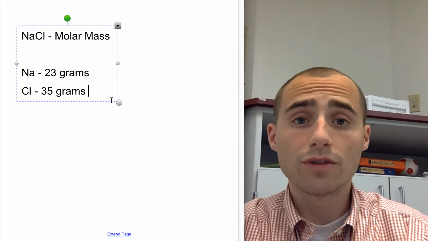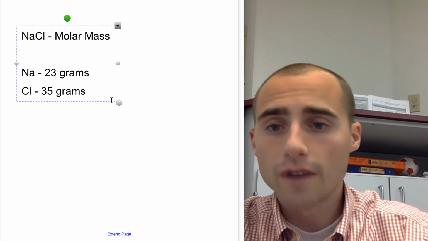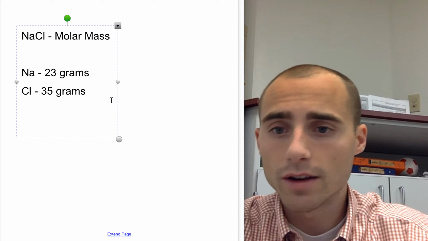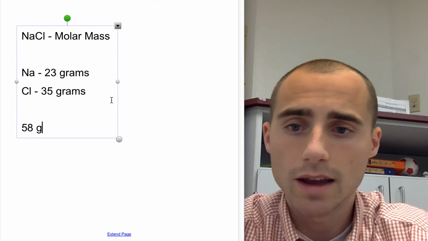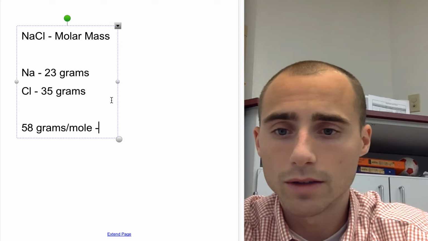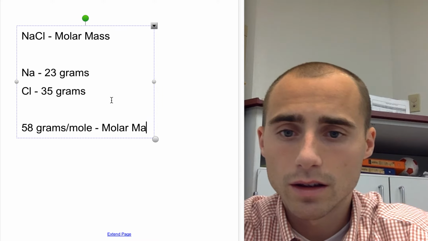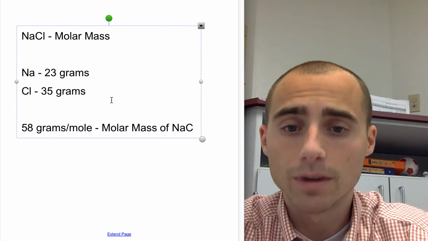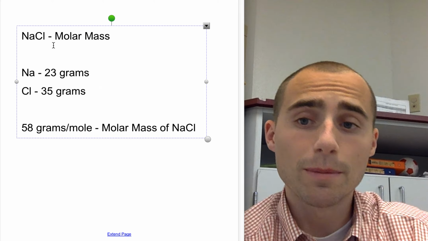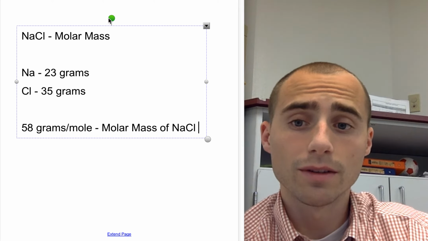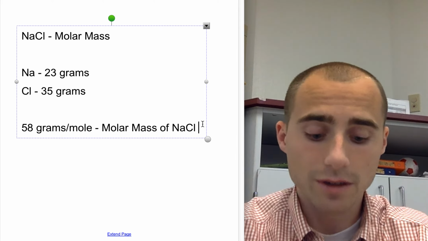Then we just have one of each, right? So you just add those together. 35 plus 23, you're going to end up with 58 grams per mole is the molar mass of NaCl. Everybody see how we got that? We're just separating the compound into its composite elements and then adding their different mass numbers together.